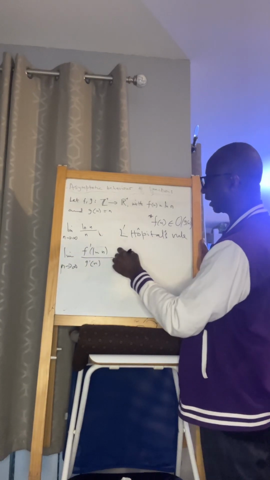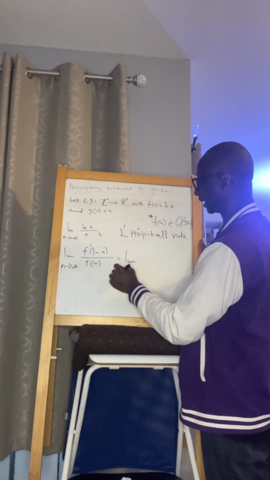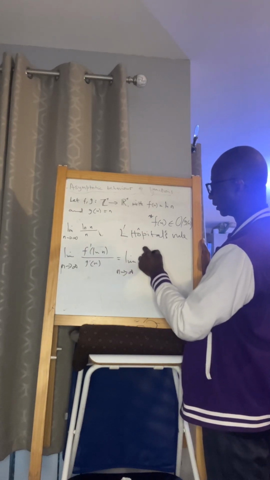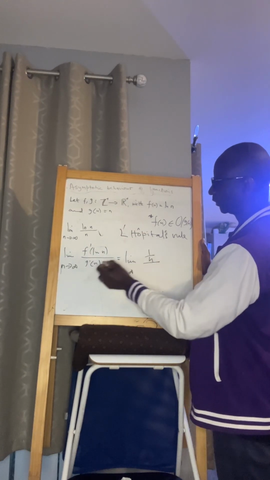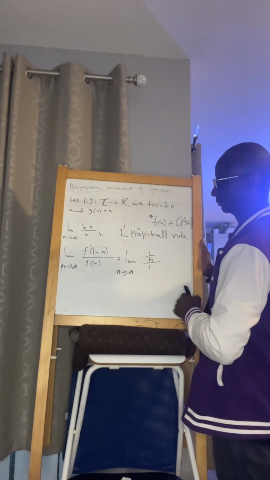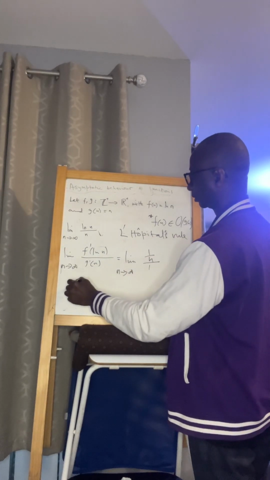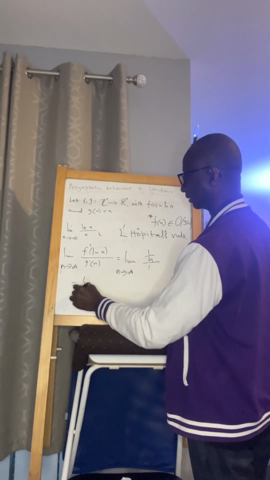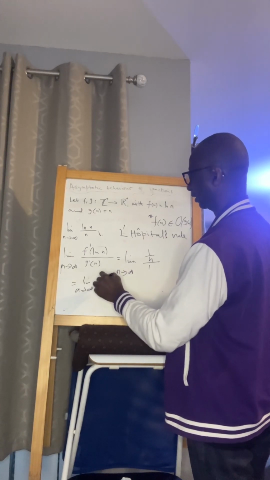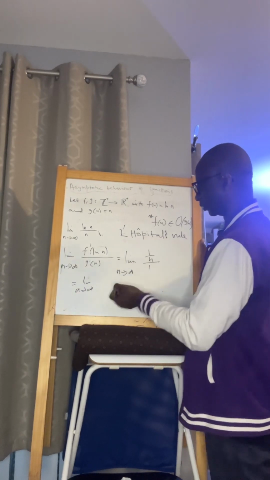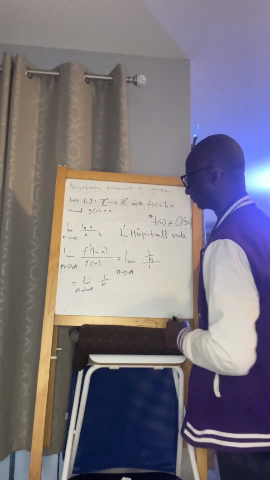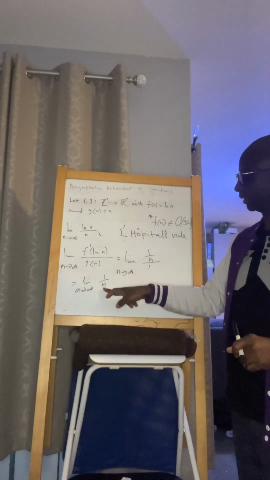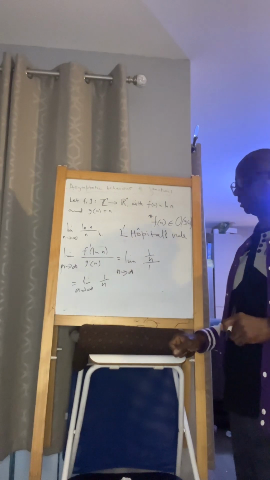So this will give you the limit as n tends to infinity. If you differentiate the ln of n, you get 1 all over n. If you differentiate n, you get 1. So it all boils down to the limit as n tends to infinity of 1 over n, since any number divided by 1 is just the number itself. If n gets bigger and bigger, what do you get here?